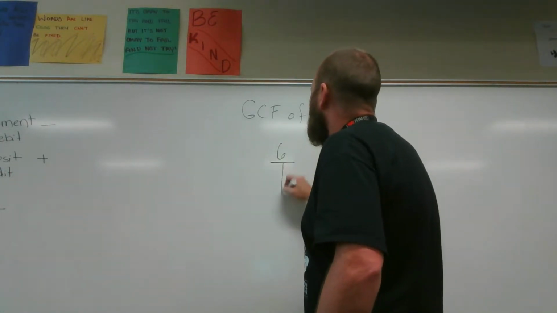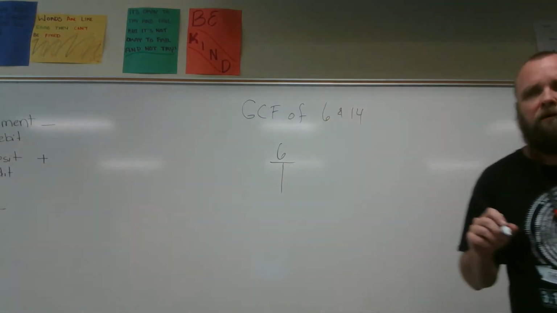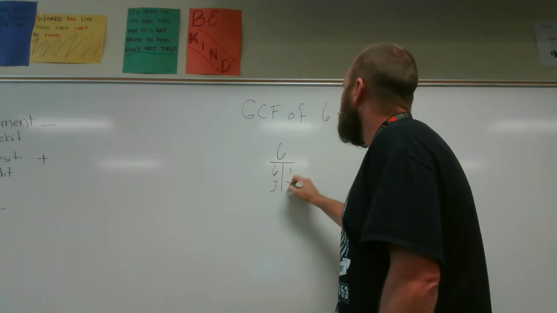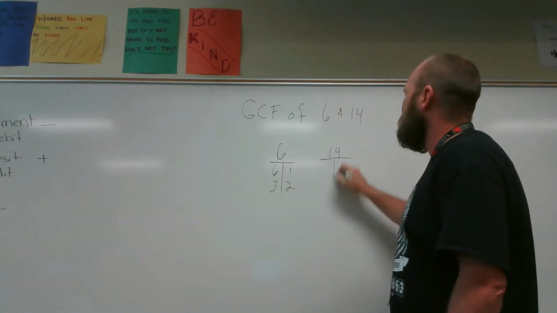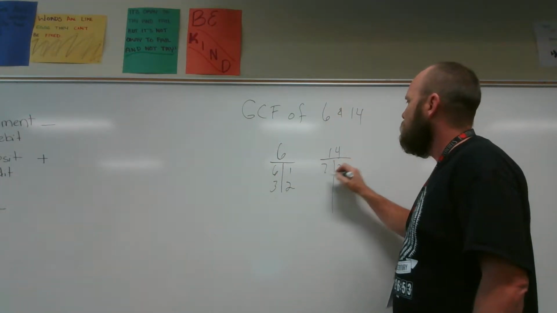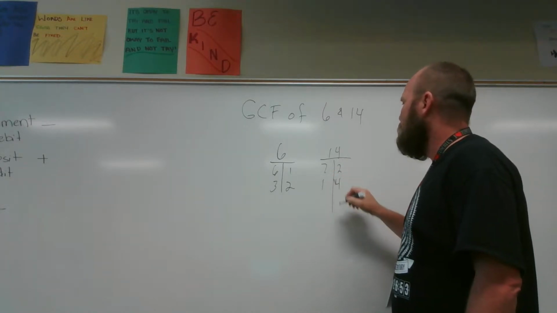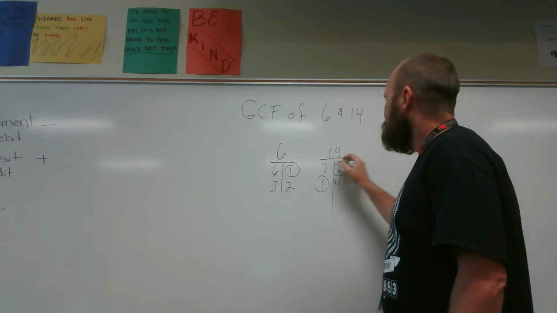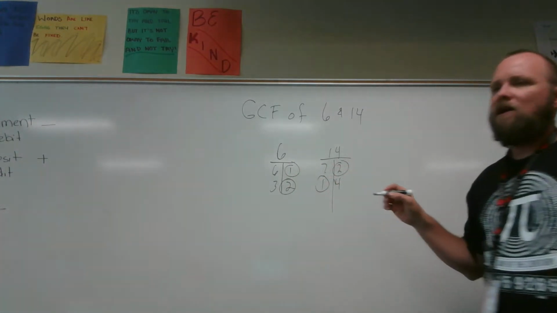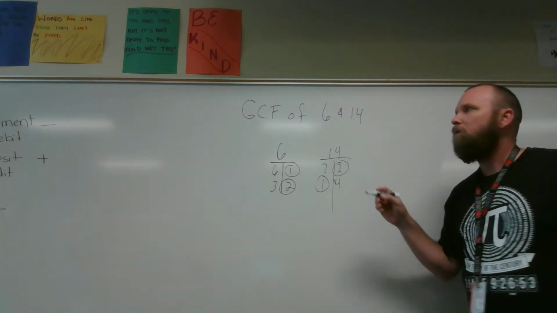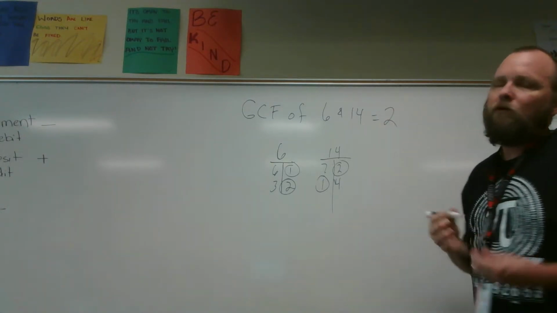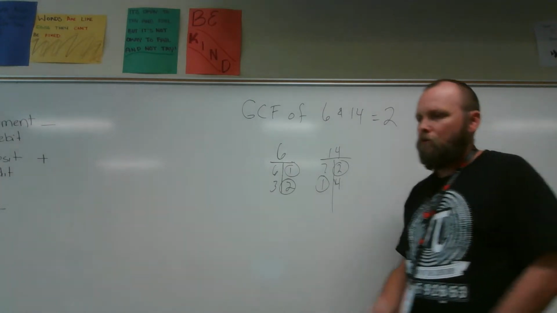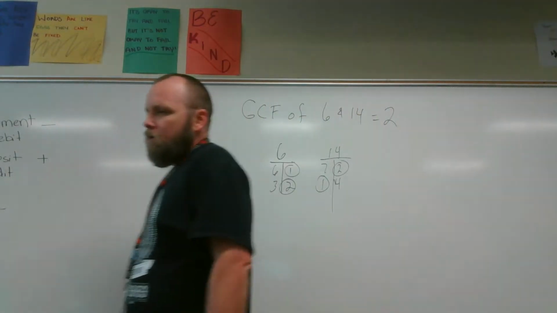Alec, what are my factors of 6? 6, 1, 3, and 2. My factors of 14, Alec? 7, 2, 1, 14. What do they have in common, Alec? They have 1 and 2. So what is the greatest common factor of 6 and 14? 2. The greatest common factor of 6 and 14 is 2. Easy peasy, raw chicken squeezy.